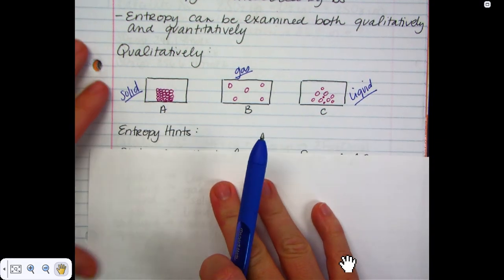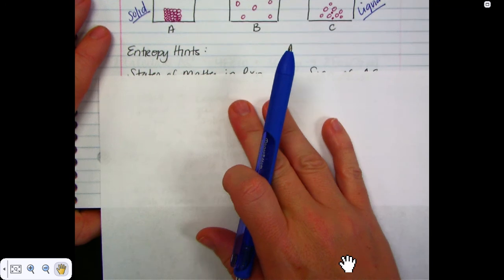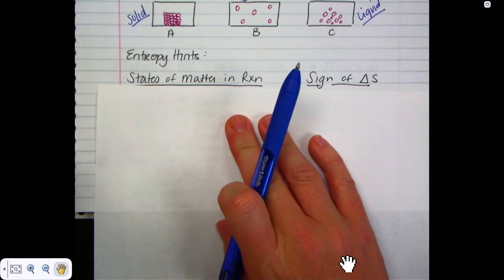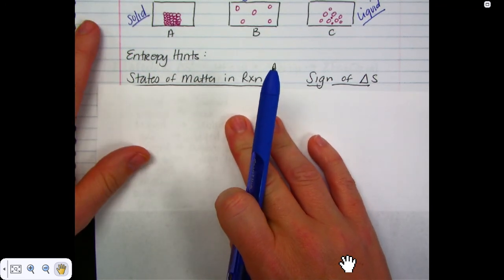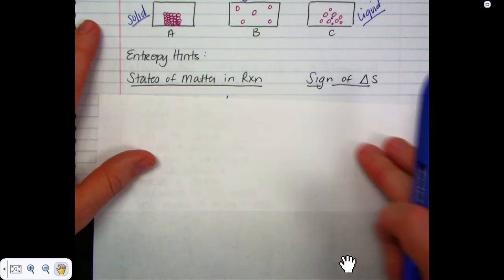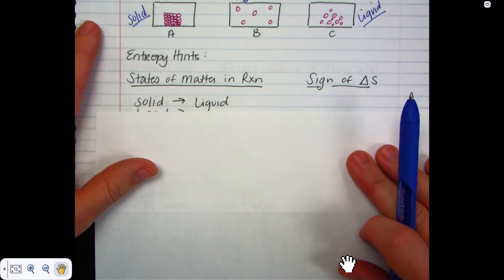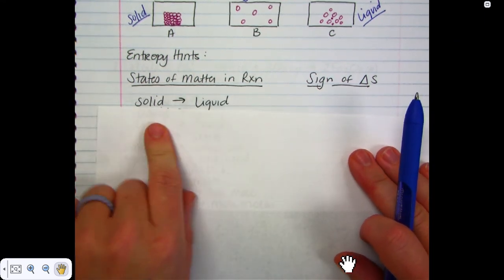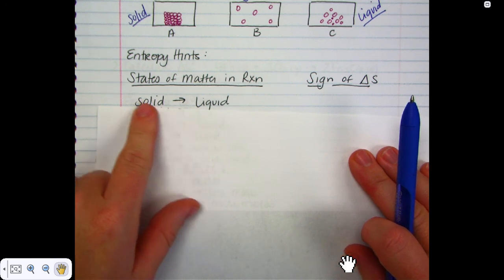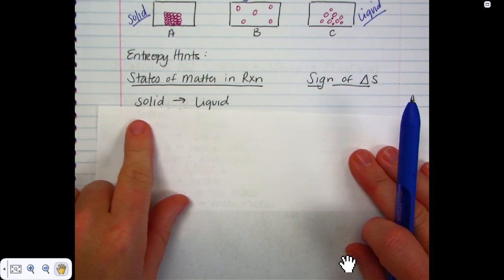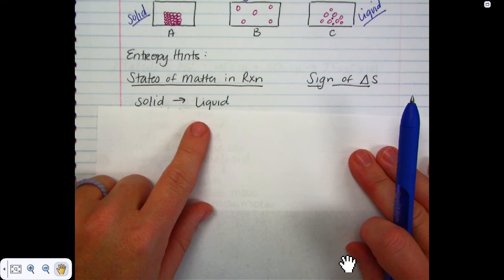All right, so we're going to look at some hints that will help you make qualitative comparisons of entropy. We're going to look at the states of matter in a reaction and then what that would cause the sign of delta S to be. If we consider this to be a reaction, what's on the left of the arrow are reactants, and what's on the right of the arrow are my products.